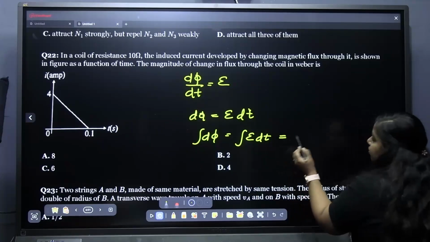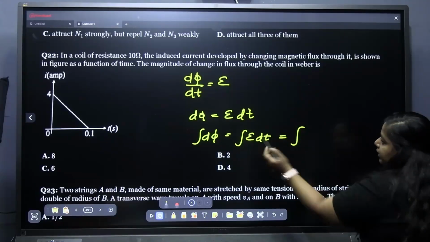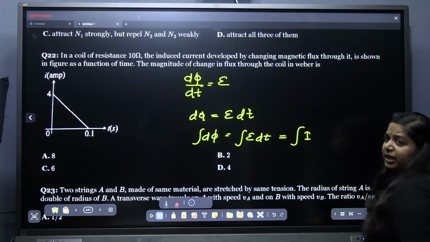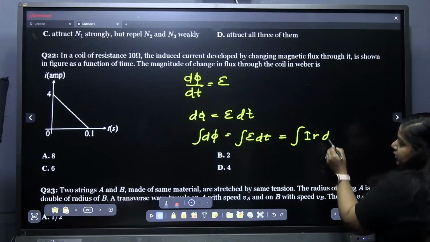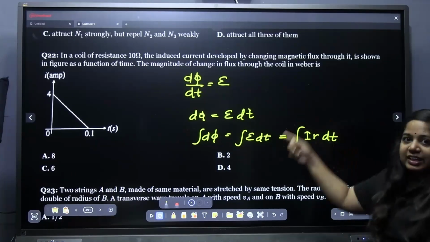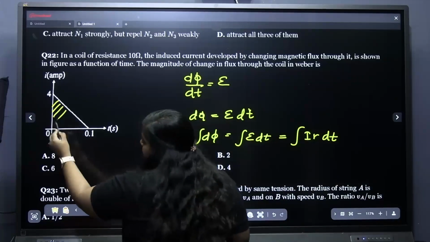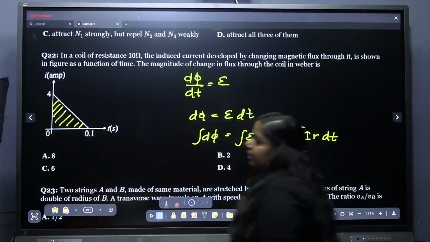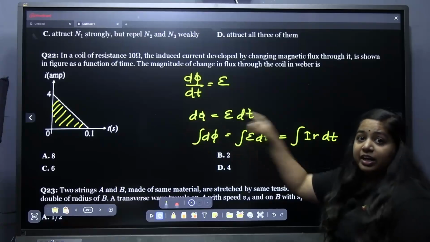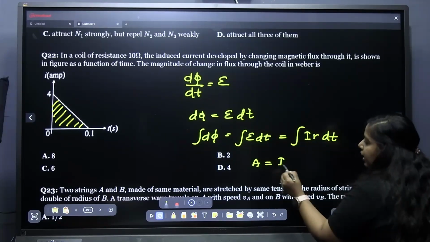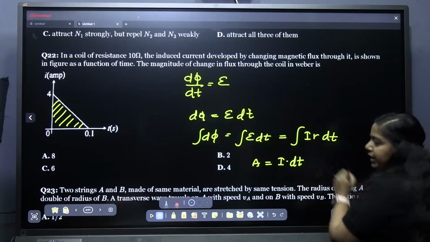This is nothing but induced EMF is equal to induced current into resistance into dt. This integral means we have to find this area. That area will give us current into time. So from that area will be I into dt.